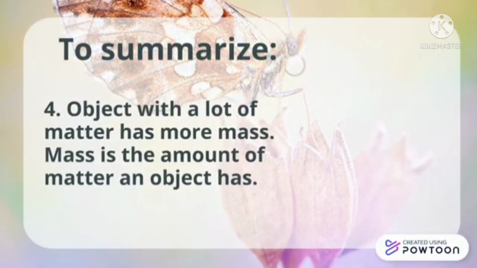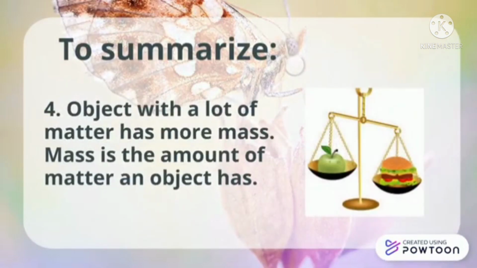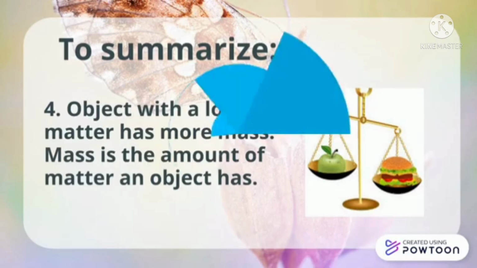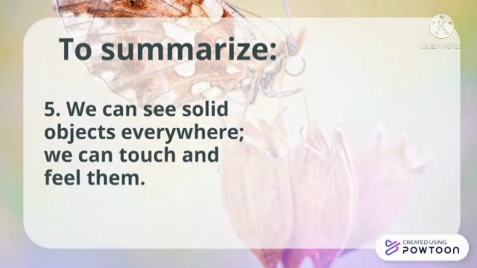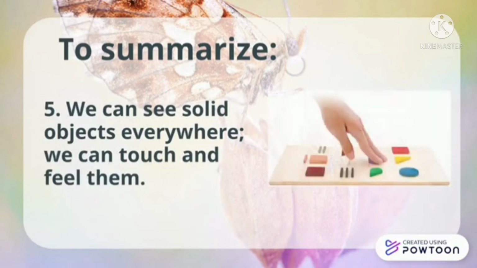An object with a lot of matter has more mass. Mass is the amount of matter an object has. We can see solid objects everywhere. We can touch and feel them. Without these solid objects that we have at home, maybe our house might not be that beautiful because they add beauty to our surroundings and more.